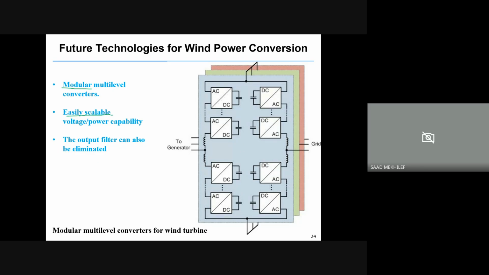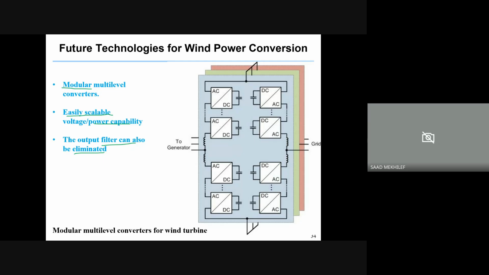That's a good thing. Sometimes we have one wind turbine and we want to increase the power, and so the voltage and power capabilities. You have quite high power, and the output filter can also be eliminated because of the number of levels.